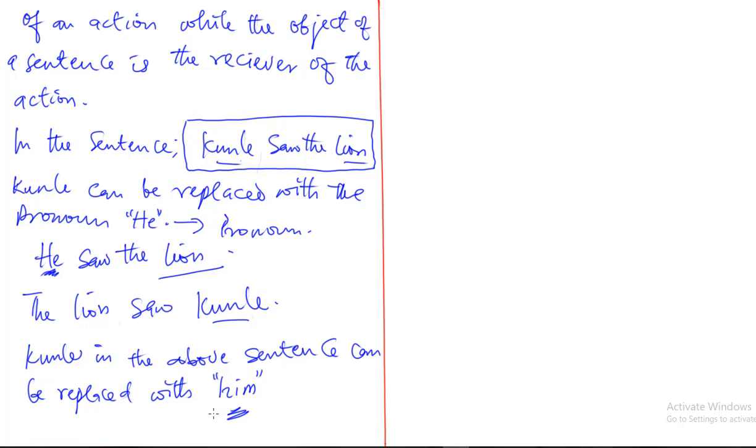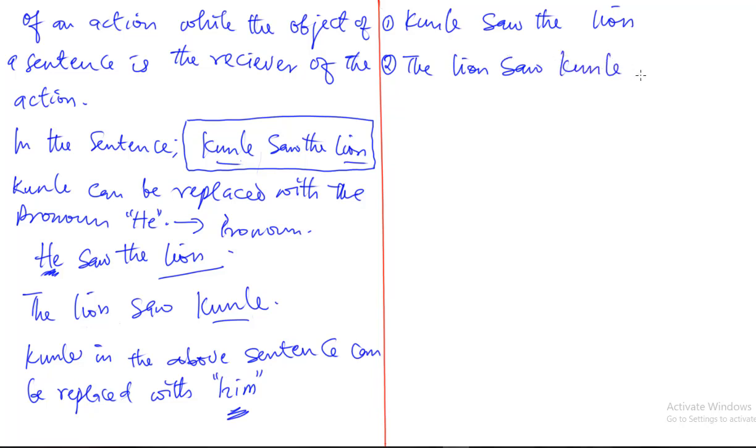Okay, I will take another time to explain this again. We have two sentences. The first sentence says "Kunle saw the lion." This is sentence number 1. We have sentence number 2: "The lion saw Kunle." In both sentences, Kunle and the lion are nouns.